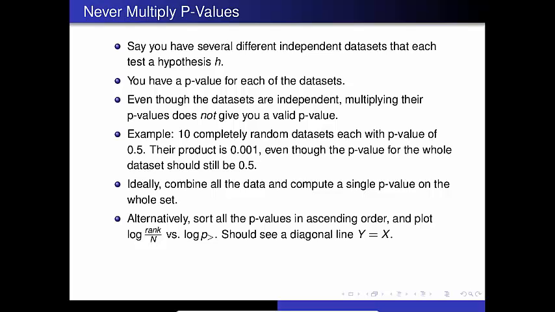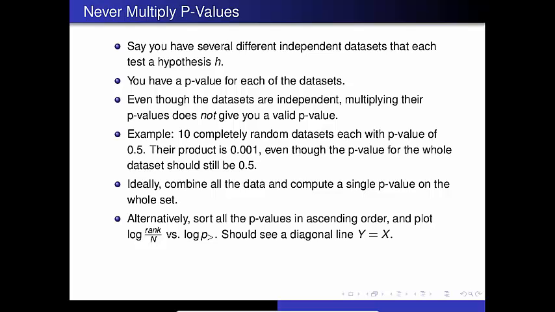Typically we call that the rank of the sorted data. You've got empirical data values, you sort them in ascending order, and if I'm at position 27 in my 1,000 data points, then 27 over 1,000 is the probability of getting this small a value or smaller, by definition. So we can plot those two things against each other.